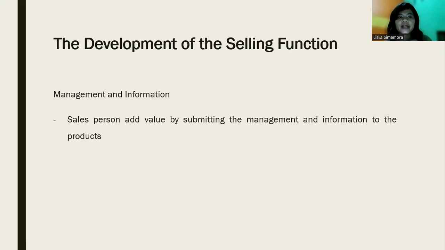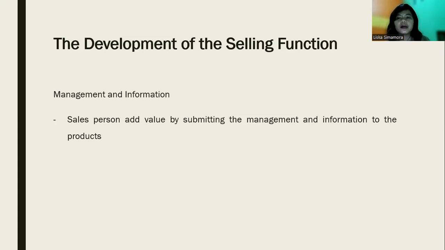For example, management and information, right? Previously, for let's say an agriculture business, one company sells organic agriculture products. Previously, they just provided organic products and then sold them. But the selling function keeps developing, right? Now they have to apply some management skill, management rules for their products.